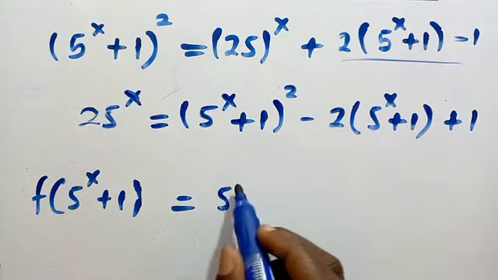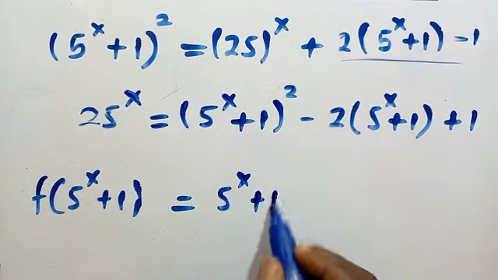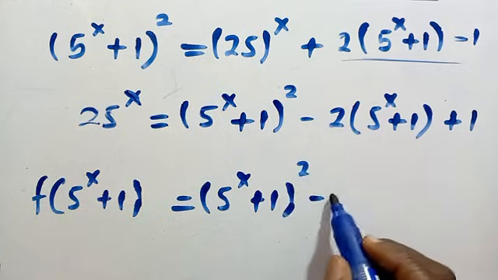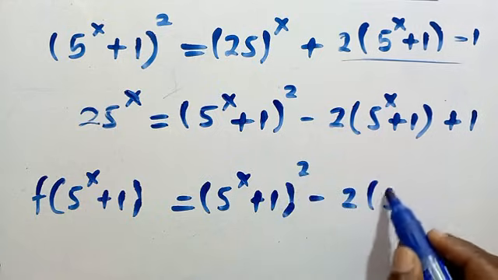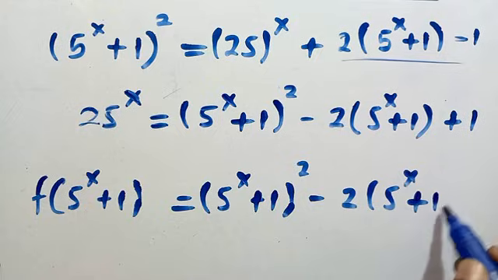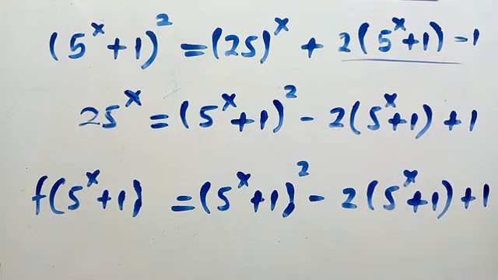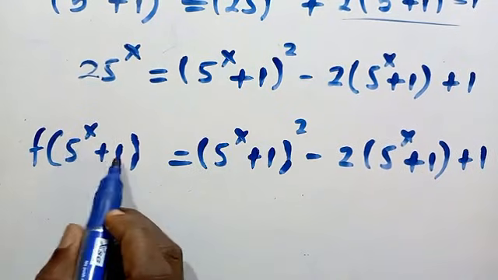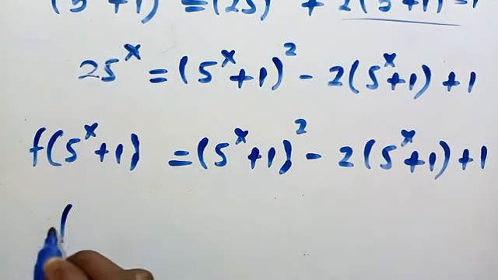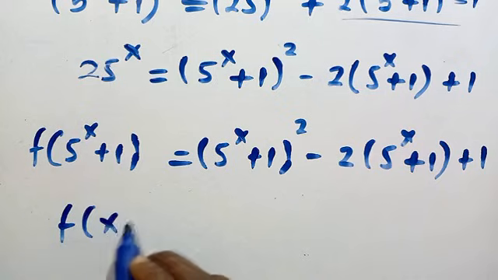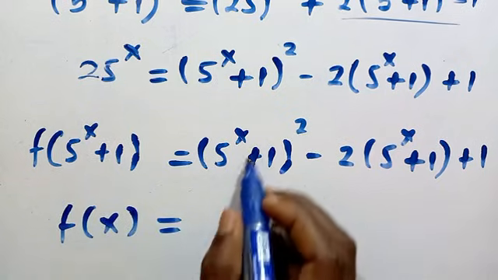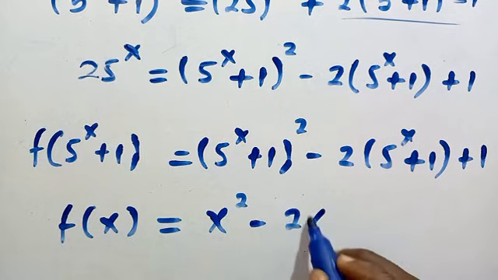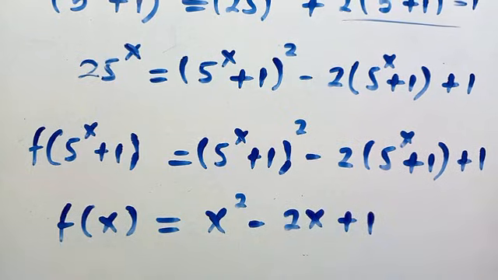Therefore, we have 5 power x plus 1, raised to power of 2, minus 2 bracket 5 power x plus 1, then plus 1. Now let's replace 5 power x plus 1 with x, so that we have f of x equals x squared minus 2x plus 1.